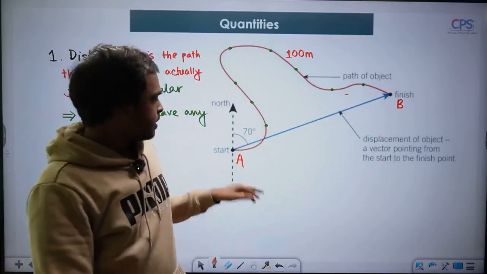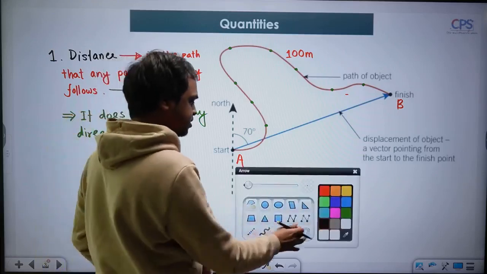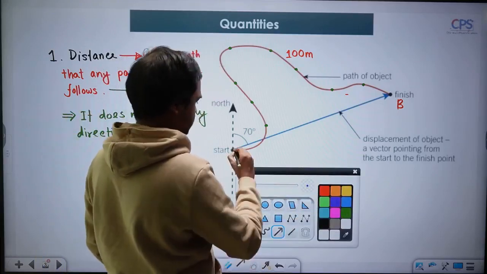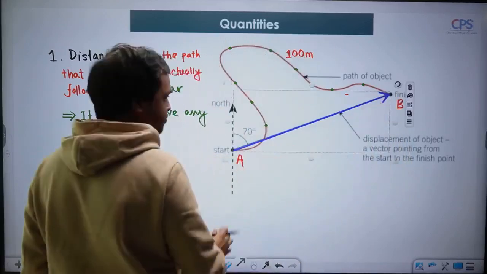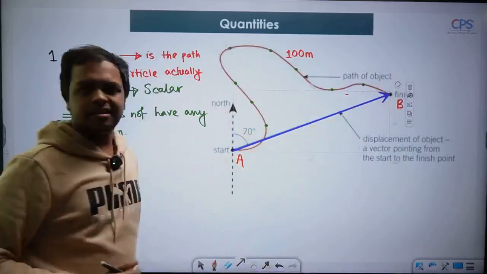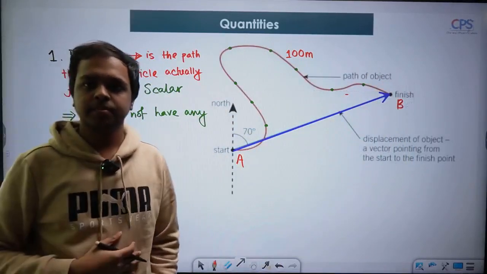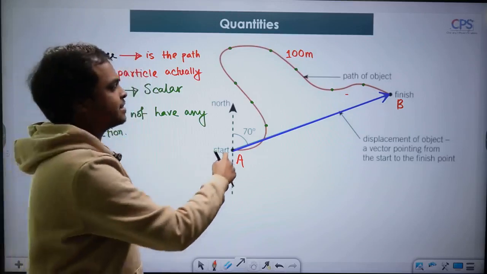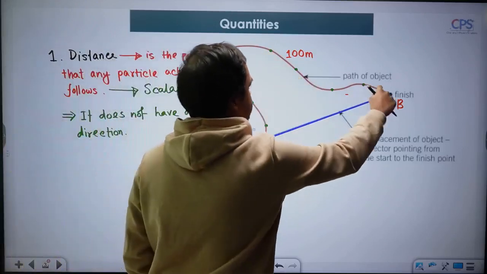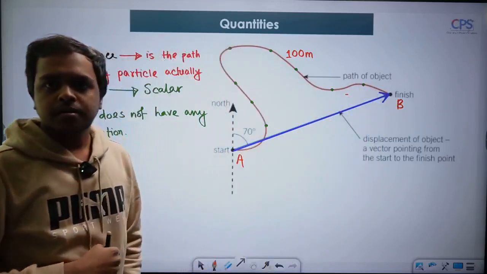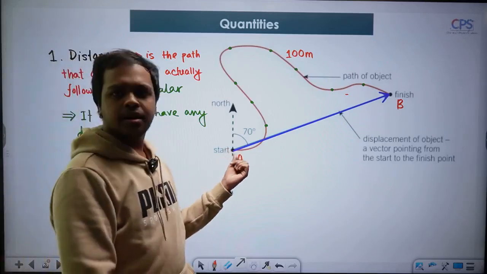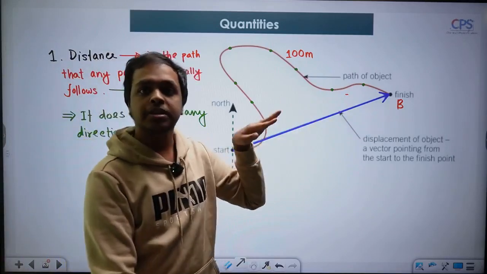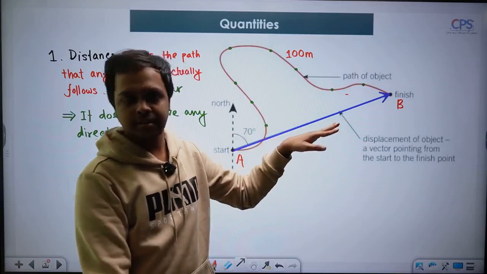This line that joins the starting position to the finishing position is called displacement. Let's say a car is going 100 meters here, but the displacement is a measurement from the start to the very end with a straight line.